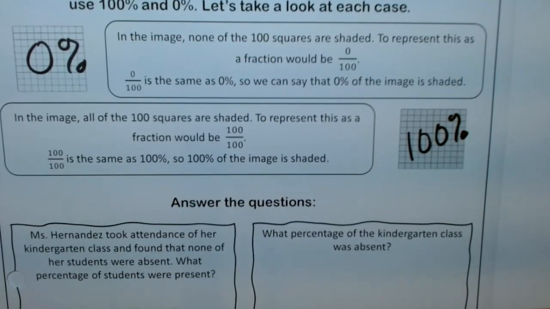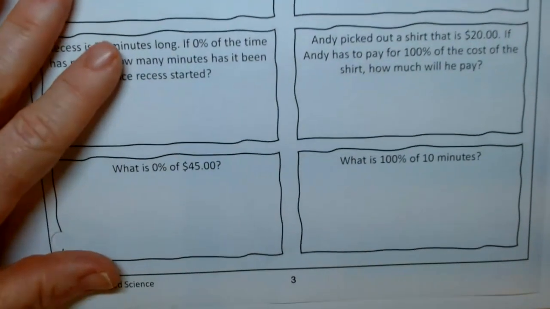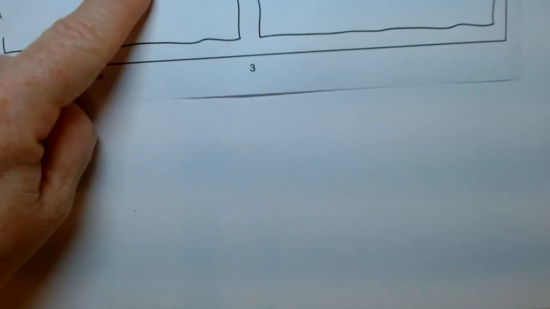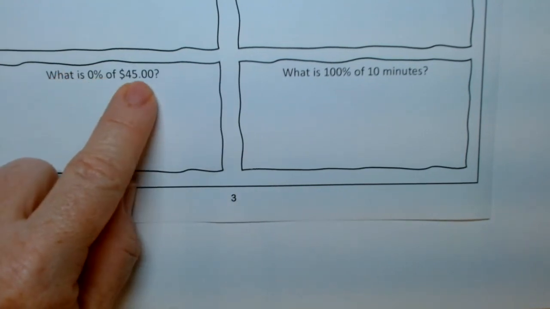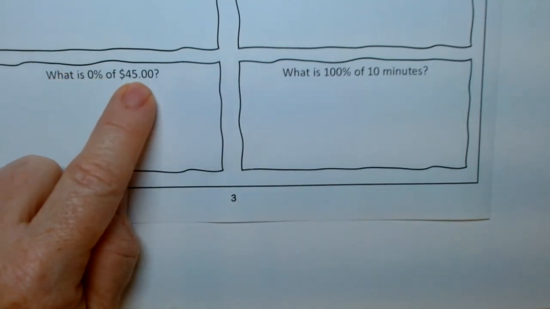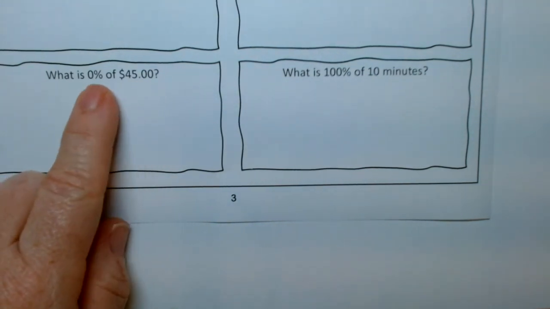Okay, so I have a question for you. Look down here at the very bottom. All right, what is 0% of $45? I'm going to give you 0% off of the regular price. Yeah, you can start laughing right now. Don't I sound like a used car salesman?